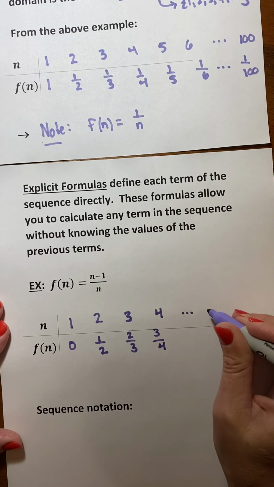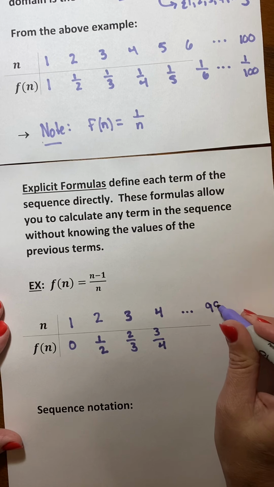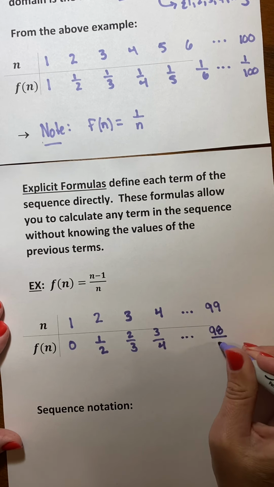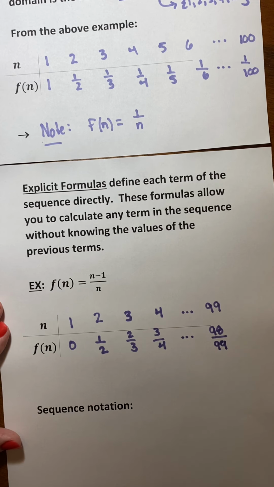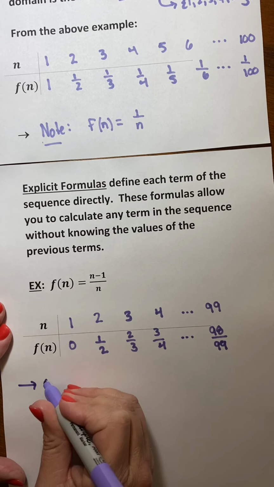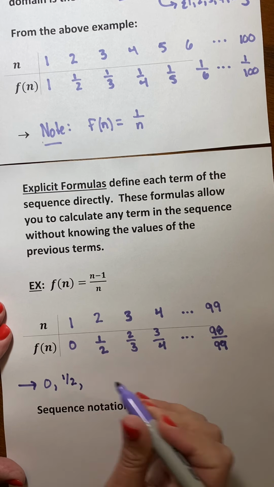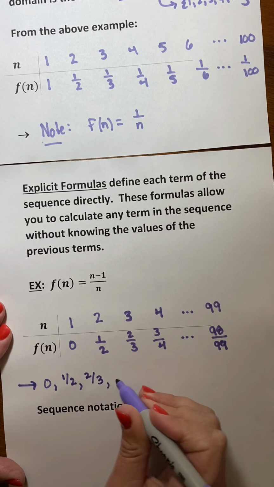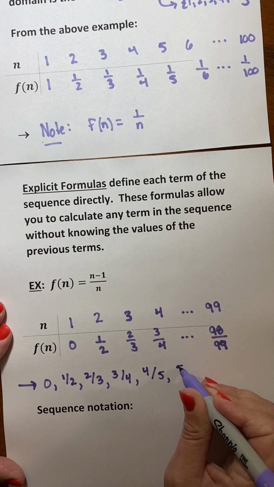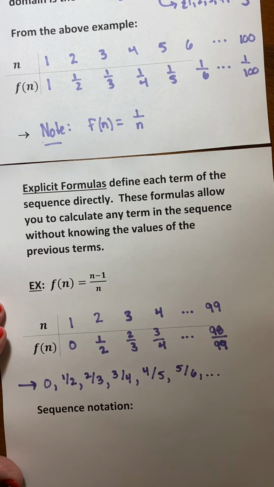I could go up, I could do the 99th element. Even crazier, it's going to be 98/99. So if we wrote this as a sequence, we'd just write the outputs: 0, 1/2, 2/3, 3/4. The next one's going to be 4/5, 5/6, and then it continues on forever.